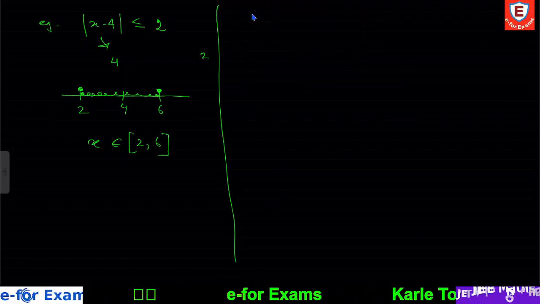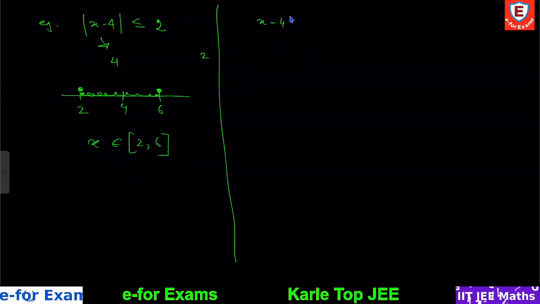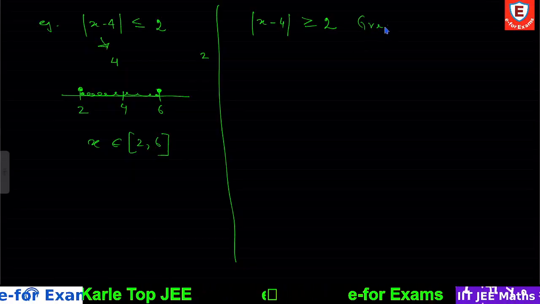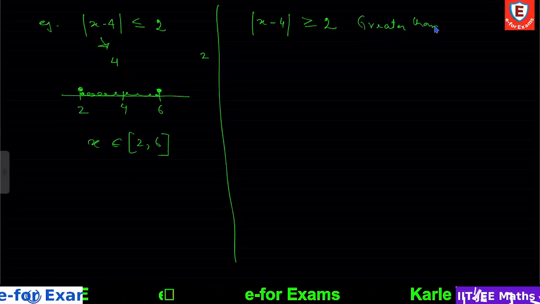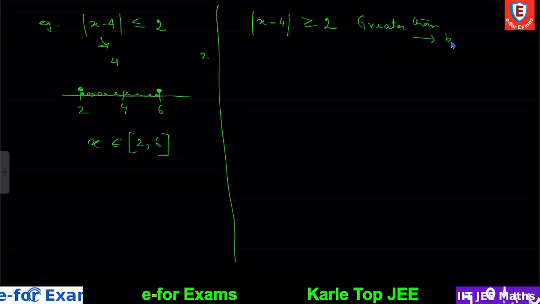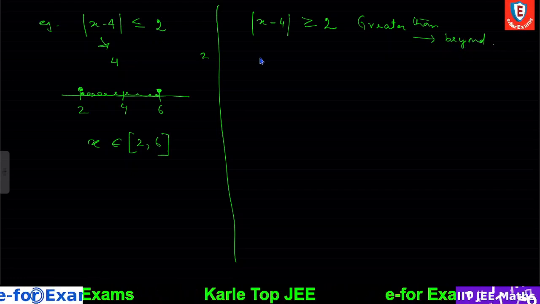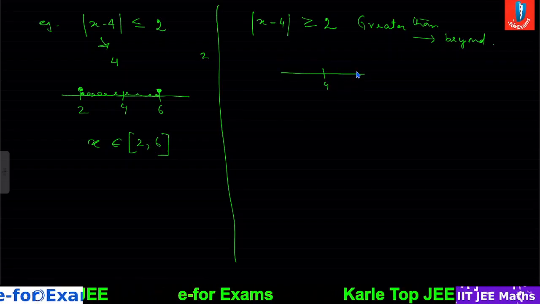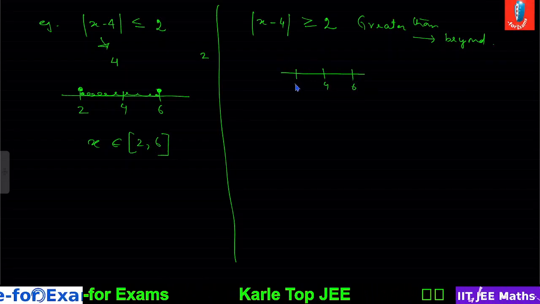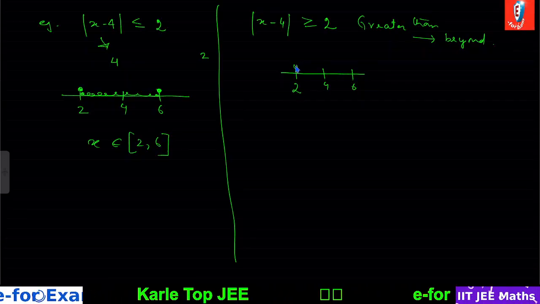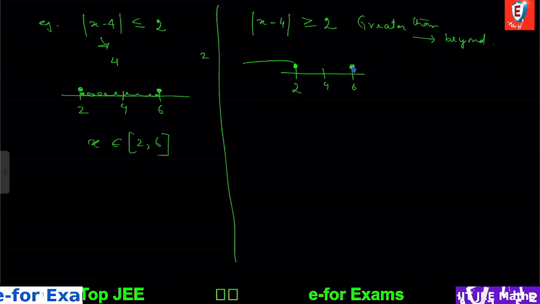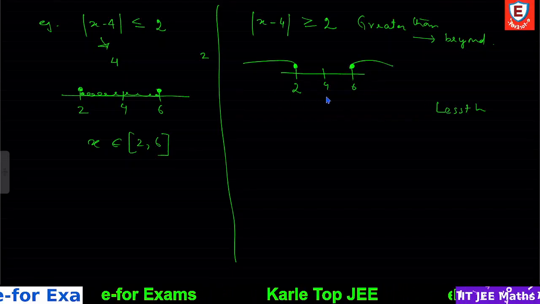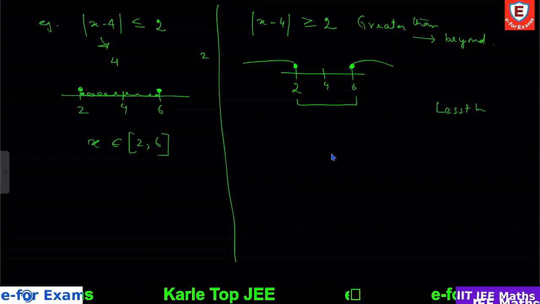For greater than, mod of x minus 4 greater than or equal to 2, greater than means beyond. Beyond means here 4 plus 2 means 6, and 4 minus 2 means 2. So it will be beyond 2 and beyond 6. If it was a less than symbol, it would mean in between these two.